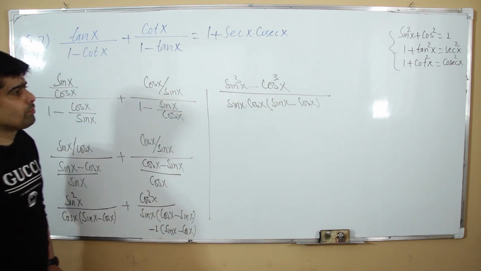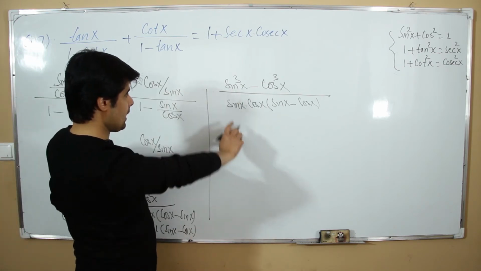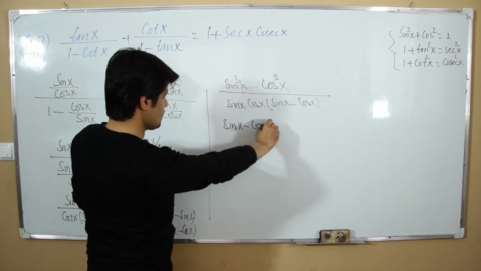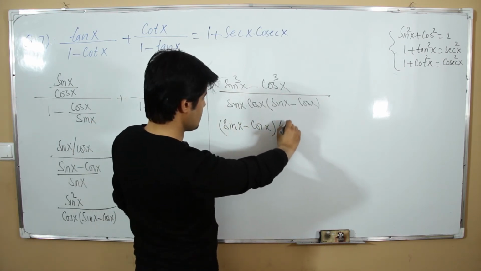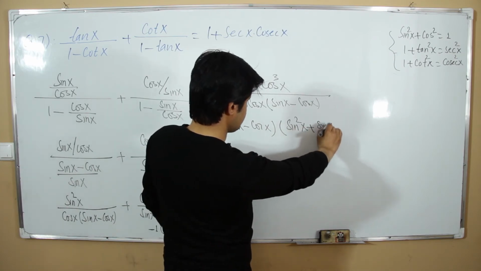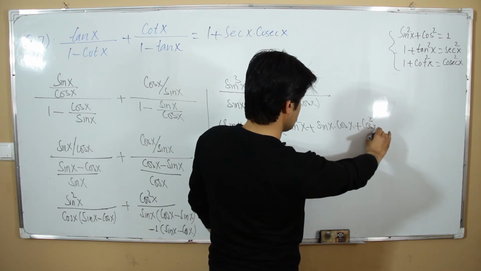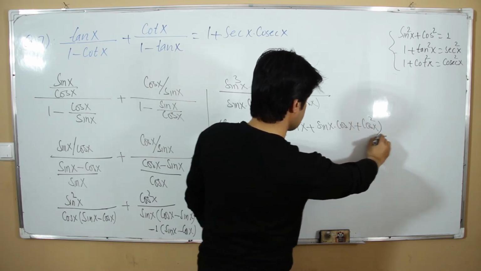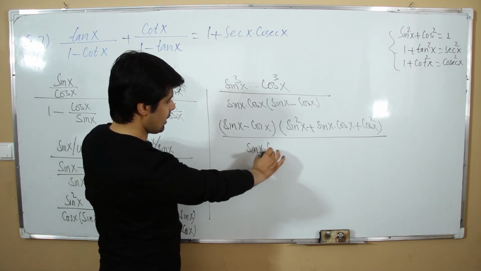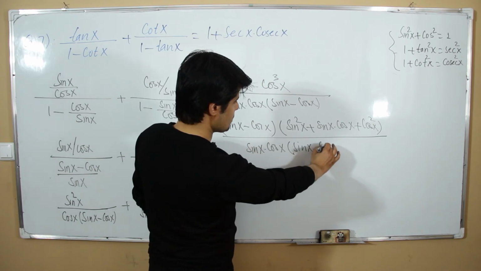Now a cube minus b cube, so the expansion of this one is sine x minus cosine x. The next one is sine square of x plus sine x cosine x plus cosine square x, divided by sine x times cosine x times sine x minus cosine x.